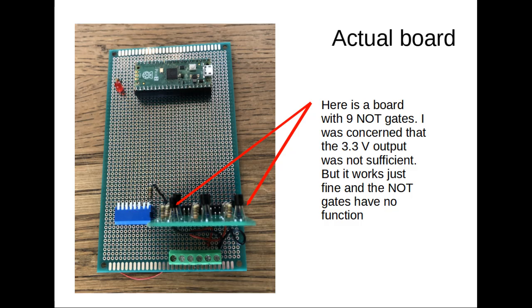Then here you have the actual board. I put in there 9 NOT gates because I was worried that the voltage of the Pico 2, which is 3.3 volts, wouldn't be enough to steer the rest of the electronics. But the board is there, though I haven't attached it to anything, so for now it's just the output of the Pico.